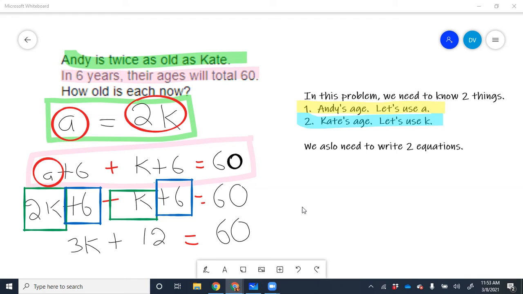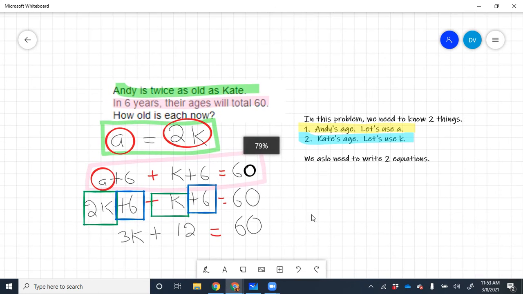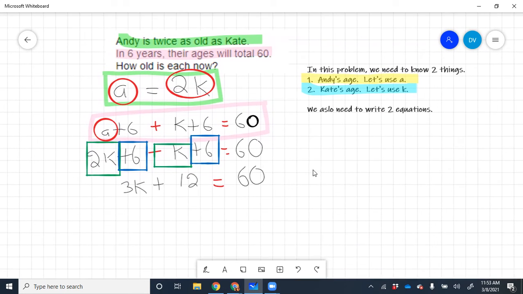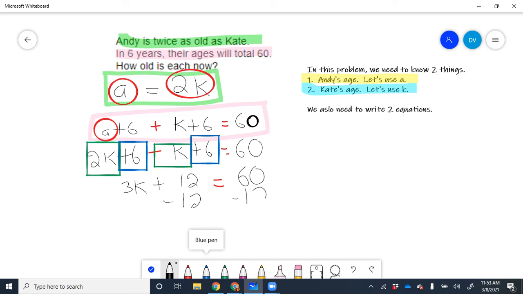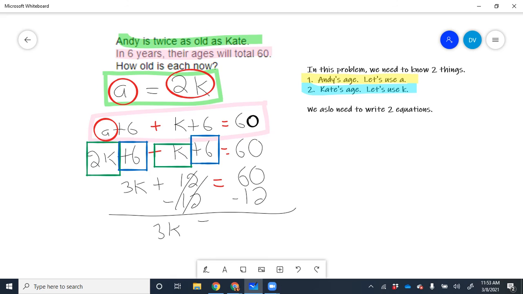So if you wrote that equation, I'm just going to make a little bit more room here. We can solve for K. They added 12. We want to do the inverse of that. We want to subtract 12 from both sides. Subtract 12 from the left and subtract 12 from the right. When we do that, these will simplify, and we'll be left with 3K is equal to 60 minus 12, which is 48.